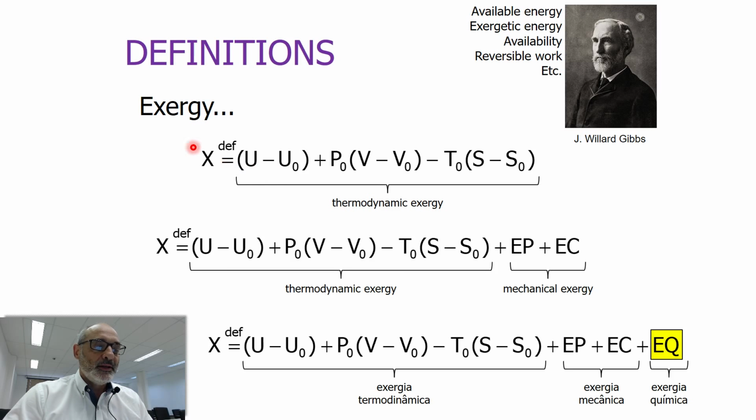is, let's say that X is the exergy associated with, I don't know, 1 kilogram of water. So U is its internal energy, and U0 is the internal energy of water when it is at the same pressure and temperature of the environment. Likewise for volume and entropy.